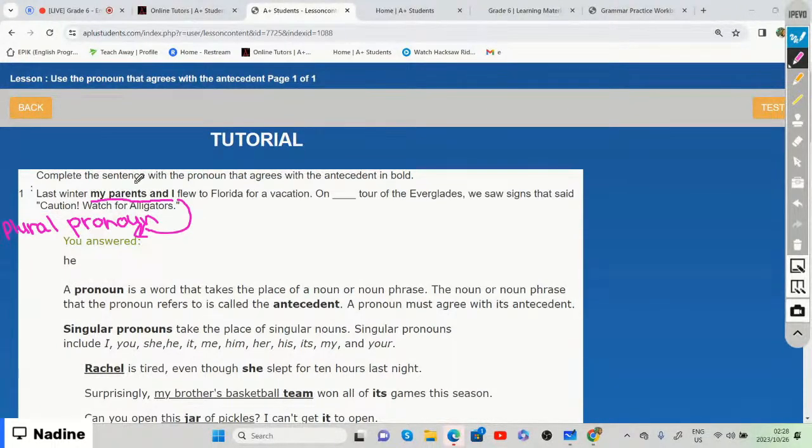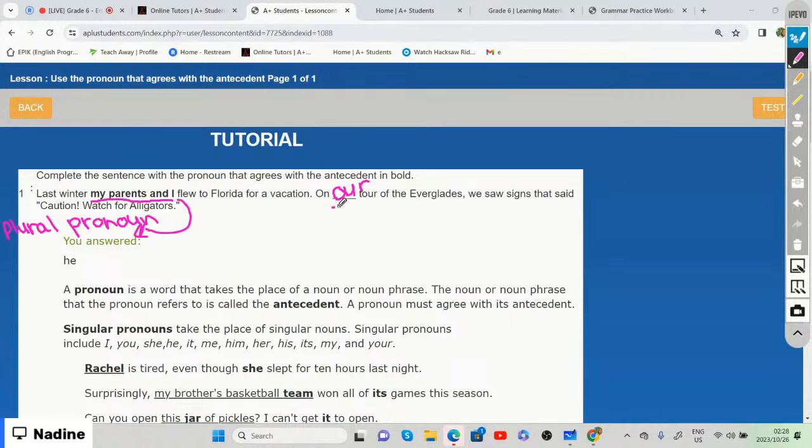So my parents and I. So instead of again saying on my parents and I's tour, we can then say on our tour of the Everglades, we saw signs that says caution, watch for alligators.